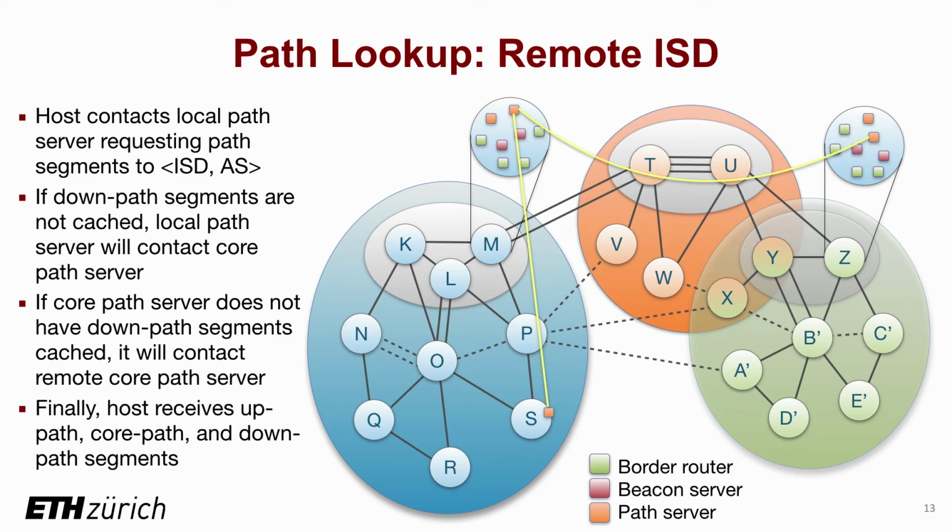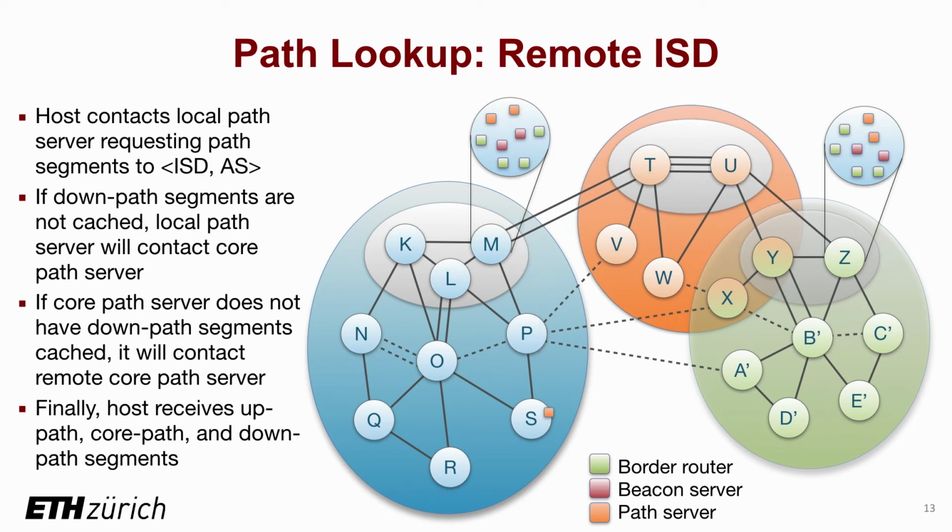If the core path server does not have information about E prime locally cached, it contacts a core path server within the green ISD, in this example, within ASZ, which is part of the green ISD. So in the end, this information is then being relayed to the host.